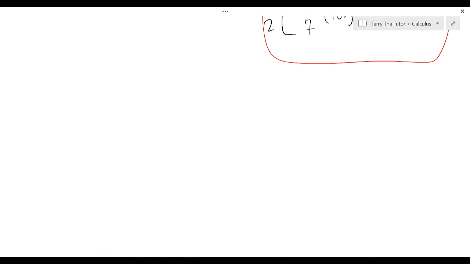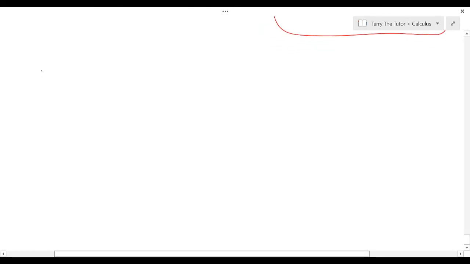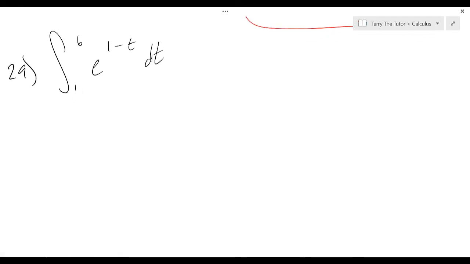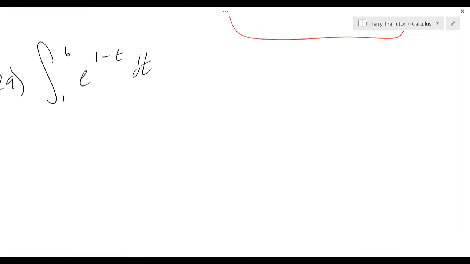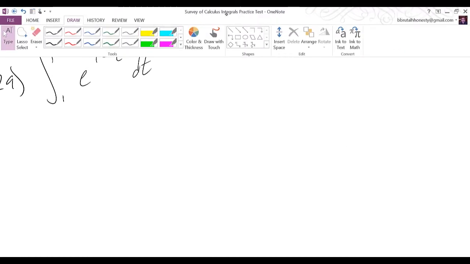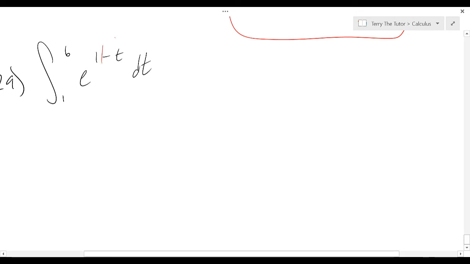That's absolutely cruel. Number 29, we've got the integral from 1 to 6 of e to the power of 1 minus t dt. Okay. I was going to say let's split the exponent and separate it, but it's easier.